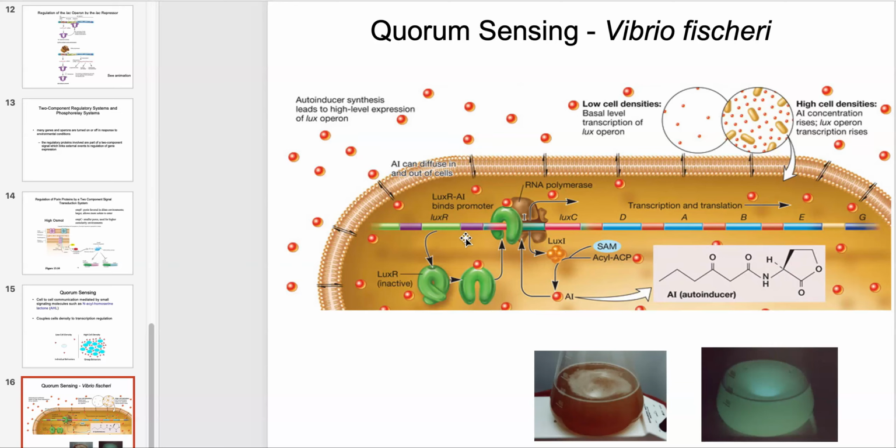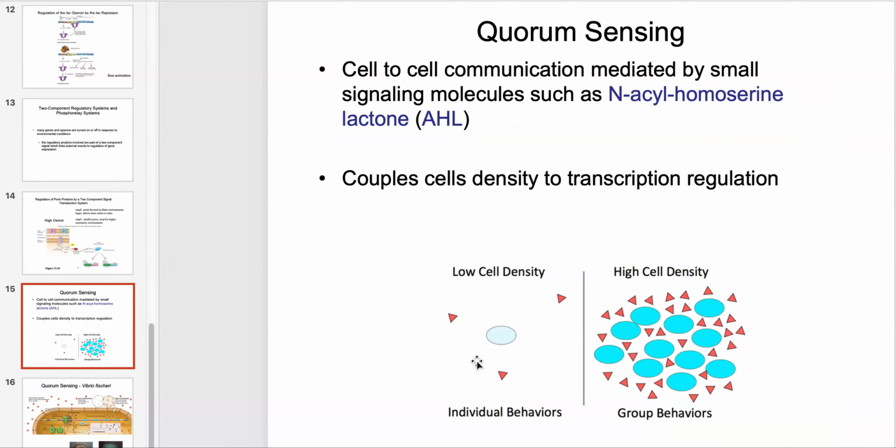Some of those pheromones will find LuxR and bind to LuxR and make it active, so that LuxR can bind to the promoter and allow RNA polymerase to transcribe all of these luminescence genes. In that way, the microbes are able to figure out how many siblings are around them in order to activate gene expression and perform some kind of group behavior.